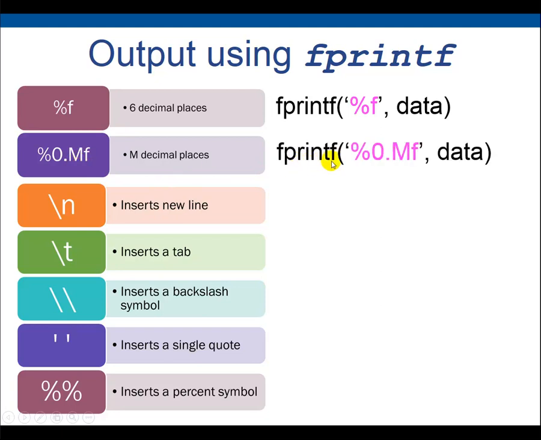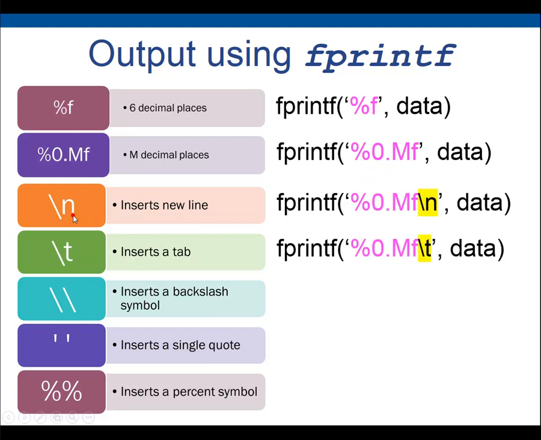This one is a little different. %0.mf shows the value in the data with m decimal places. If we put the 9, then 9 decimal places. If we put the 5, then 5 decimal places will show up. How about the rest of them?